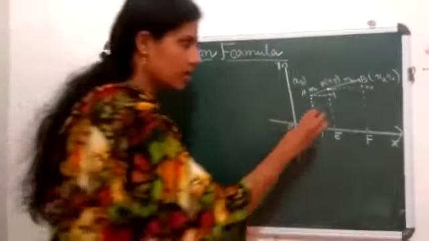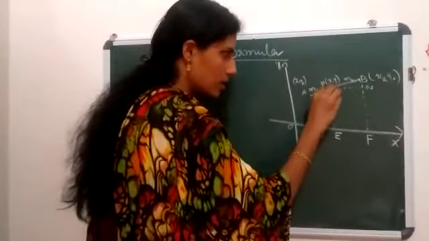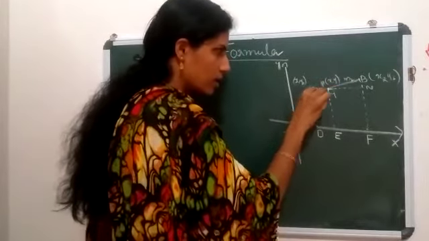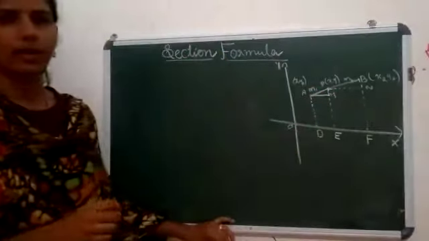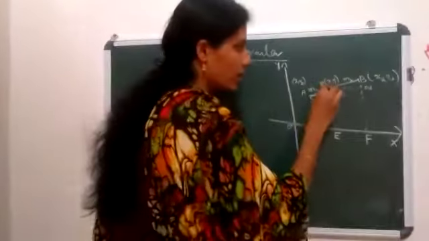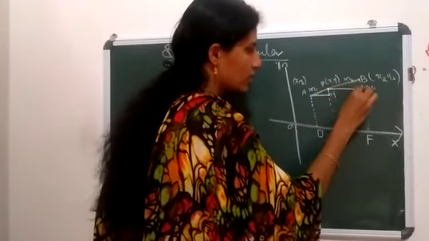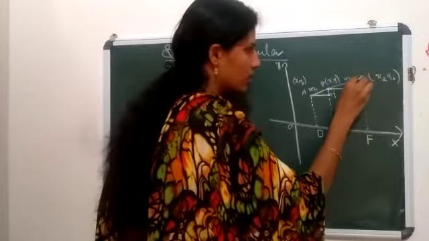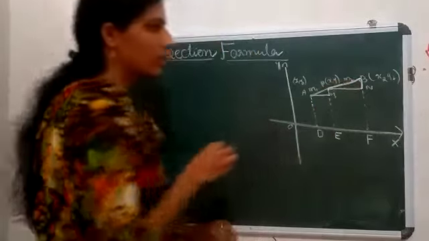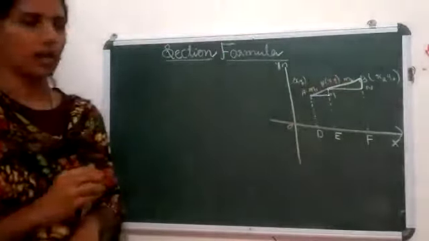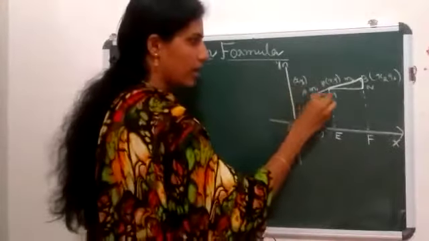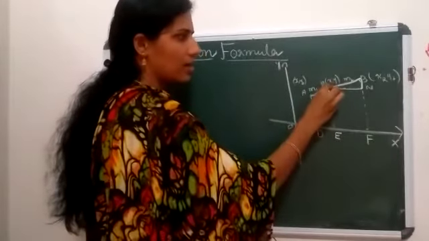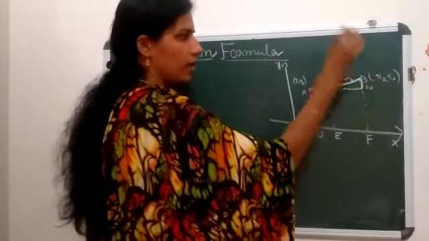Now consider this triangle. We'll get one triangle, right? Same way, this is also one triangle. We got 2 triangles. Now consider the triangle. This is triangle AMP and this is the triangle PNB.